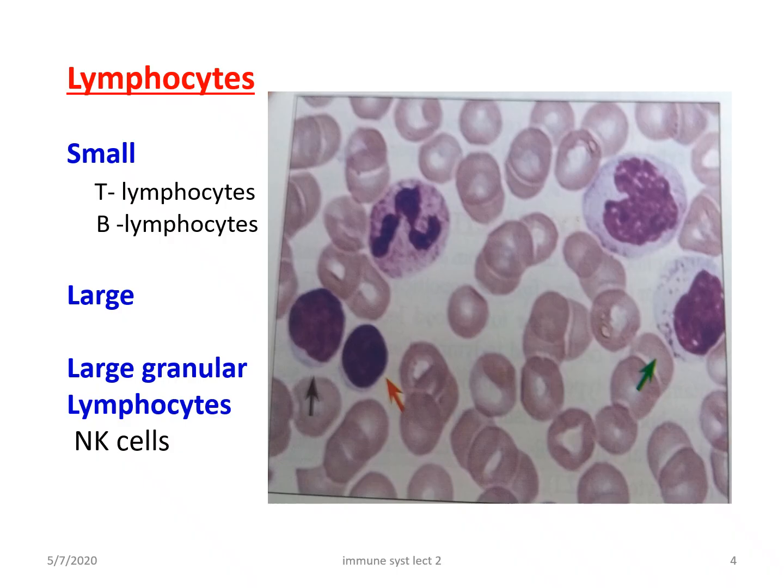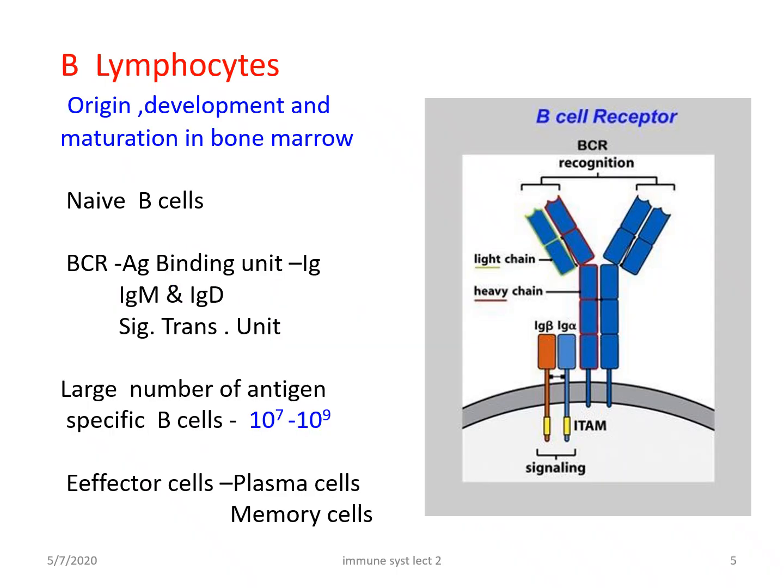Now let us talk about these lymphocytes. B lymphocytes originate in the bone marrow, and then remain in the bone marrow itself, undergoing development and maturation to become a fully functional mature B cell or B lymphocyte. Now this cell is called a naive B cell because it has not been exposed to any antigen.